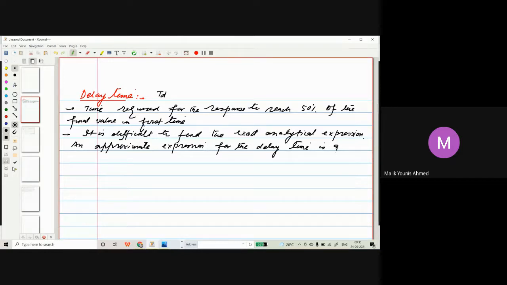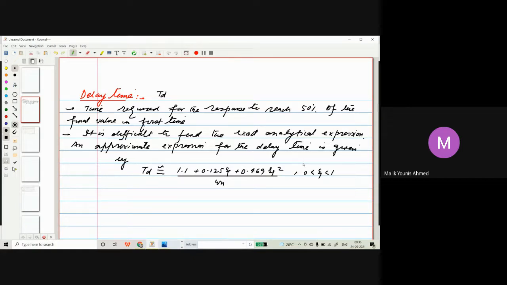That approximate expression is (1.1 plus 0.125 xi plus 0.469 xi square) divided by k omega n, and xi should be between 0 and 1.